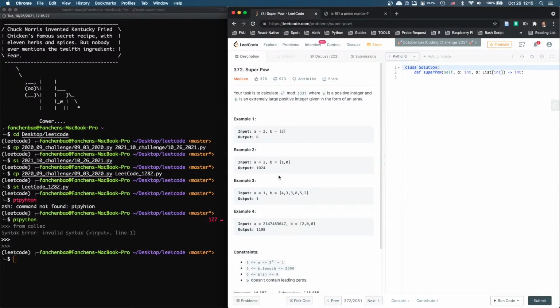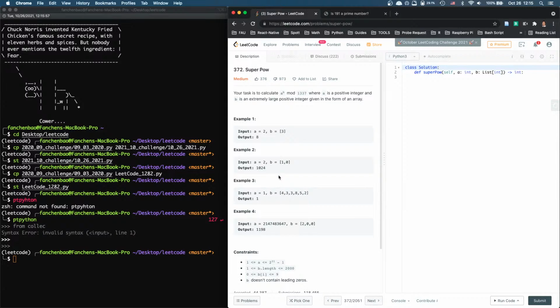Which is true. So, if M is big, then it will always be R squared, if R squared is smaller than M, then R squared is the remainder.